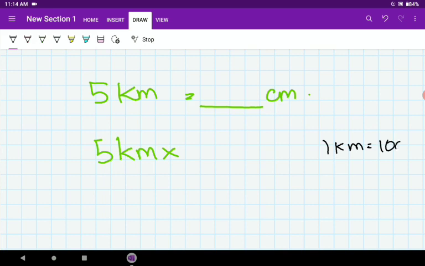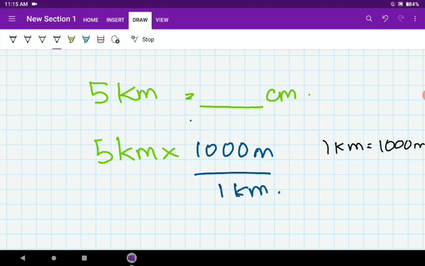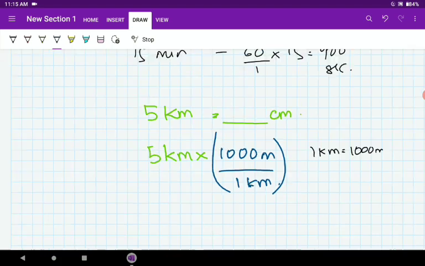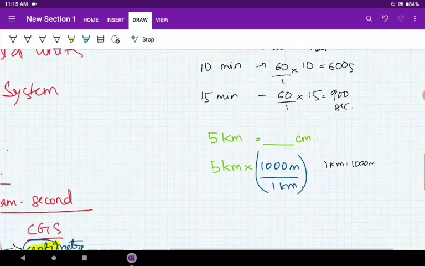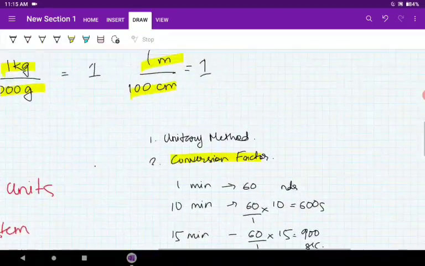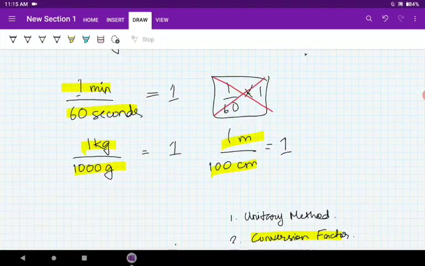So I need to convert it into meters. So what I will be doing is I will be multiplying it with 1000 meter divided by 1 kilometer. This is actually equivalent to 1, just like I have said it here, that 1 meter and 100 centimeter is the same.